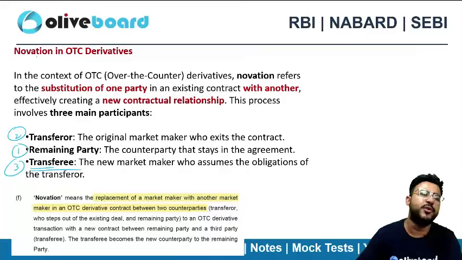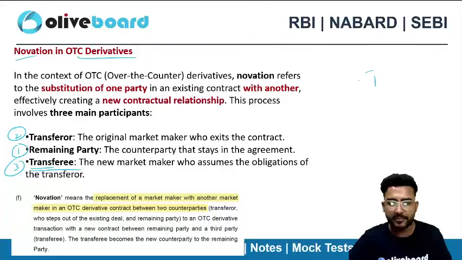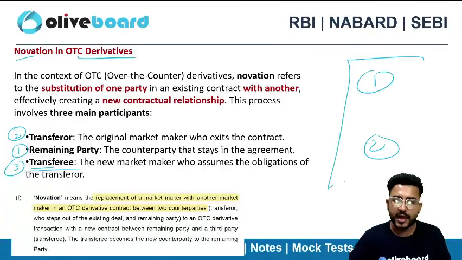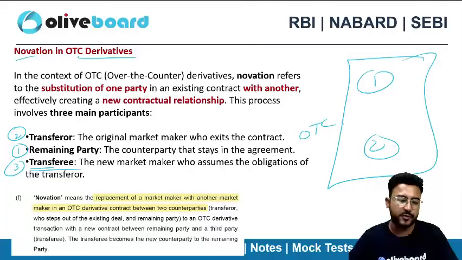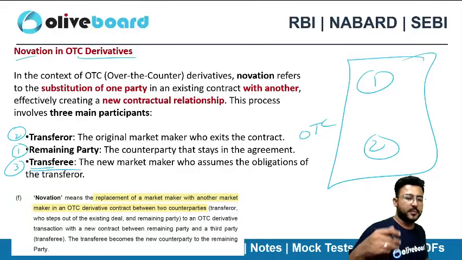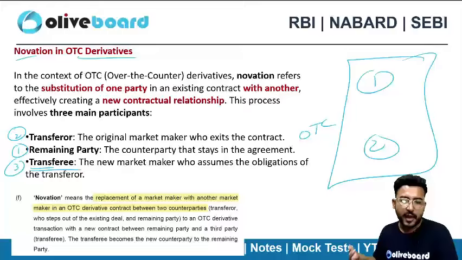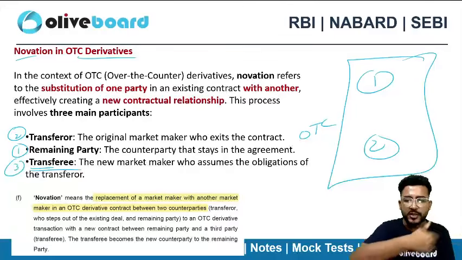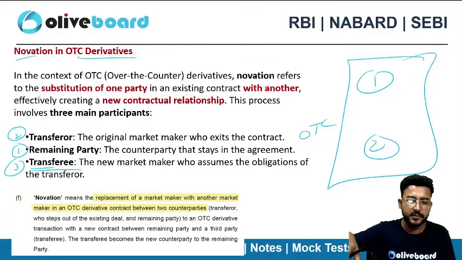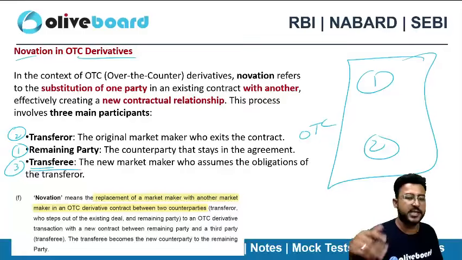That's why we do have a novation in the OTC derivative contract. Basically, they both have undergone an OTC derivative contract. Let's suppose me and Bhakti have formed an OTC derivative contract. I am going out of the contract and Sudarshan is coming in the contract. So that's called novation. There's a new party in the contract.